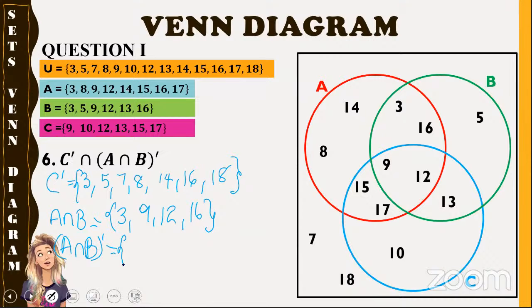So A complement B, it would start with 3. Okay, so listen to it again now. A intersect B complement. So what does the complement say to you?